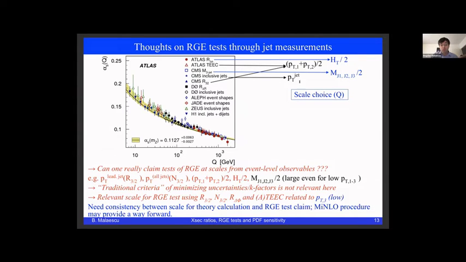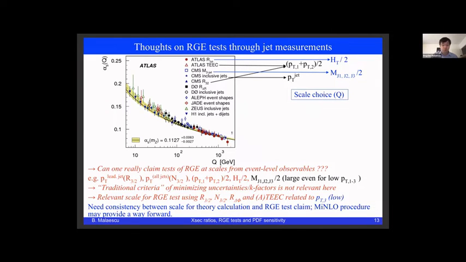In particular, I would focus also on this quantity, which is the tri-jet mass over 2, which can be large even for low PT values. If you have 2 jets in the forward region back to back, this mass value can get very large. So I think this is a real question.